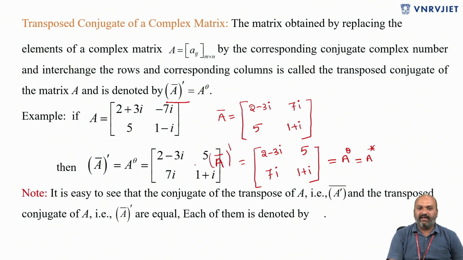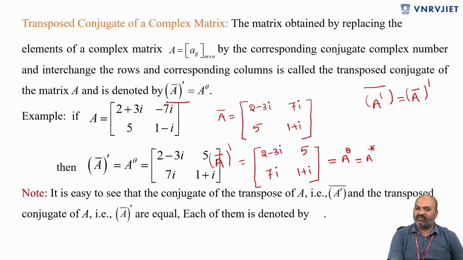That is, it is easy to see that the conjugate of the transpose of A is the transposed conjugate of A. The conjugate transpose of A is the same as the transposed conjugate of A.